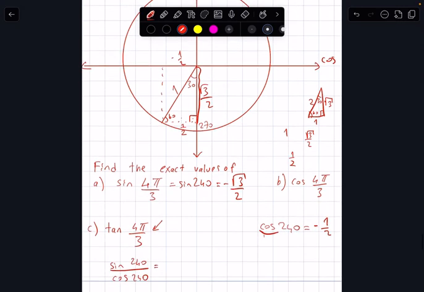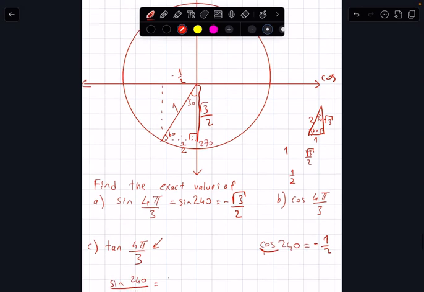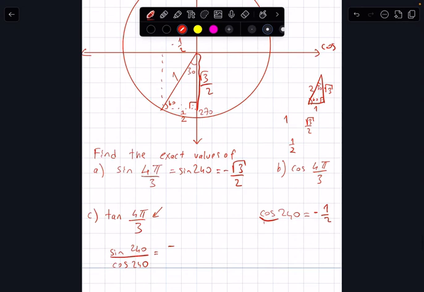Tangent was also sine over cosine. Right? Sine is in here, in the third quadrant. Sine is negative. Cosine is also negative. Negative divided by negative, positive. So I will have something positive. That's it. Let's write it. Negative square root 3 over 2 divided by negative 1 over 2 is equal to square root 3 over 2 times 2. These are gone. The answer is square root 3 for this one.